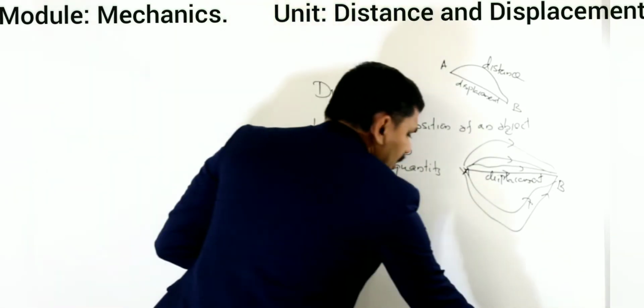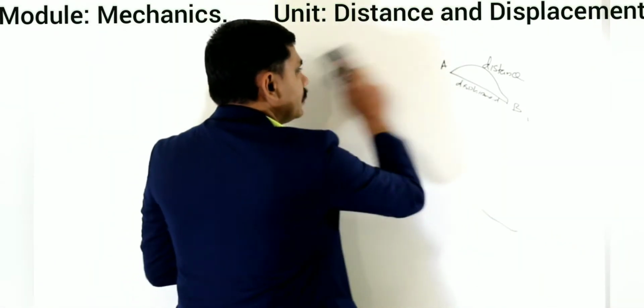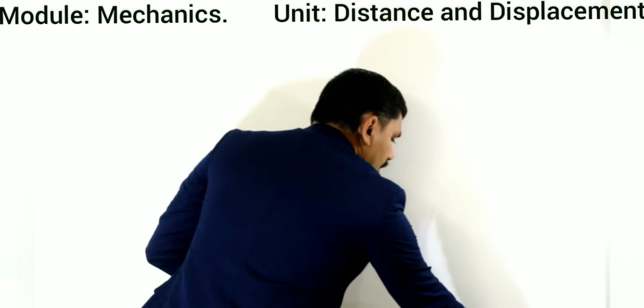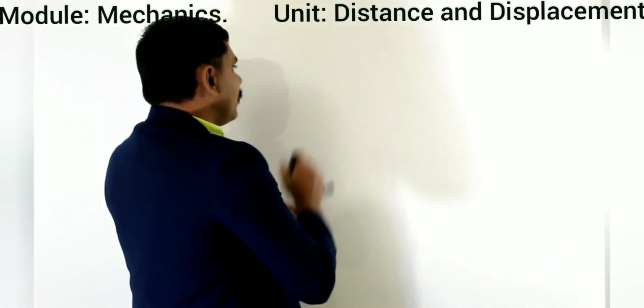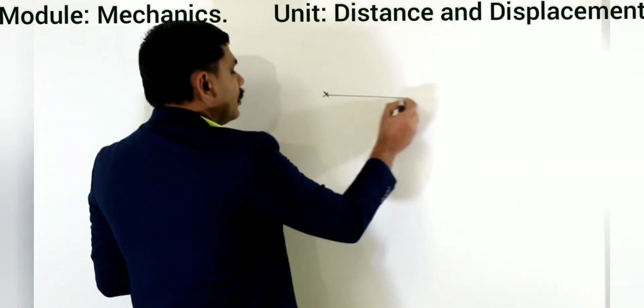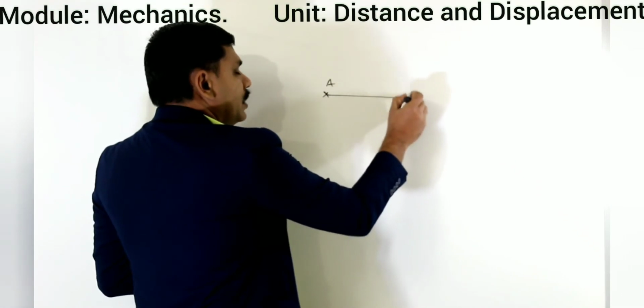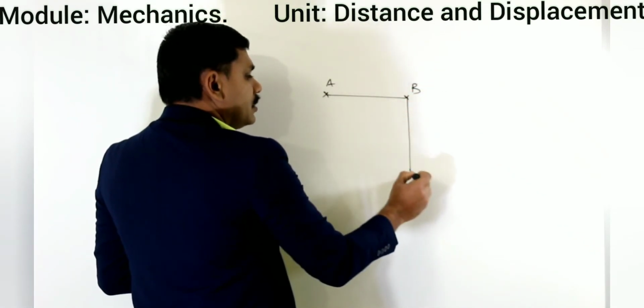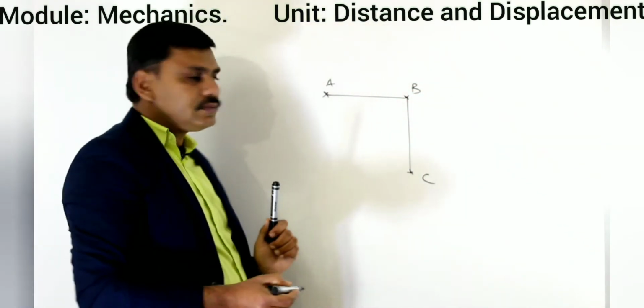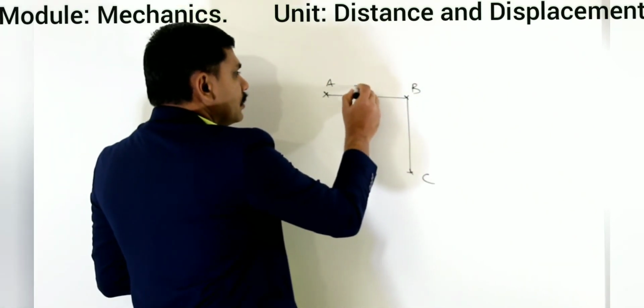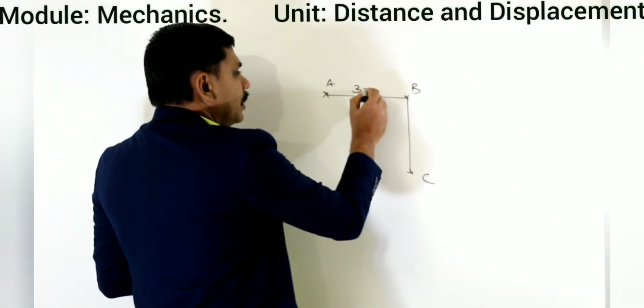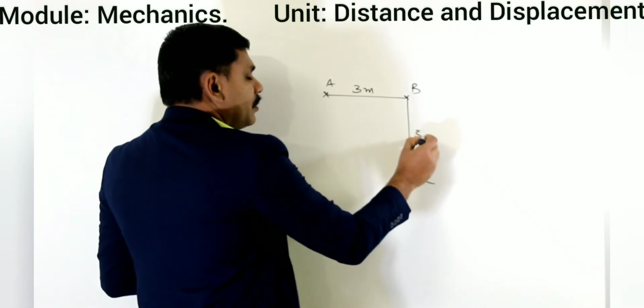Another example I can give you. If an object is traveling from A to B, then reaching C. For example, this is 3 meter, this is 5 meter.